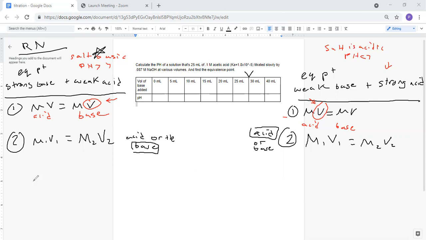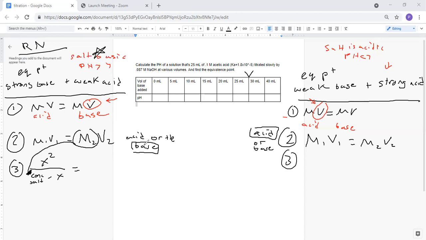So the third thing is you basically set this up. You put x squared over the concentration of your salt after your salt's made, right? Minus x. So you're straight up gonna take this molarity 2 and plug it into here, right?